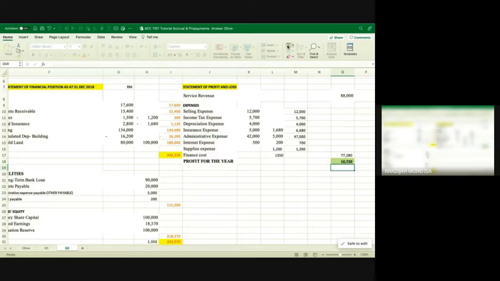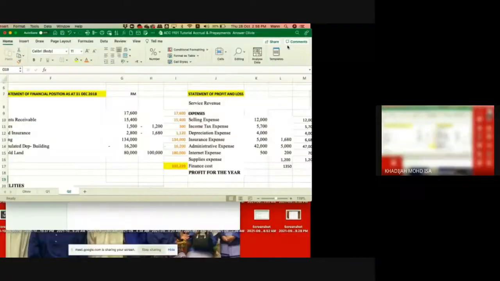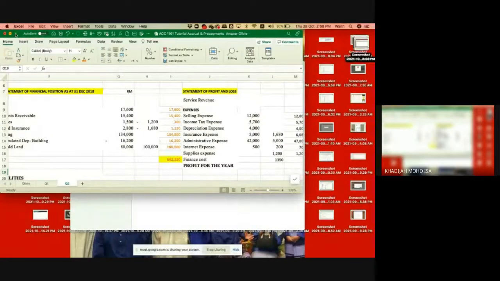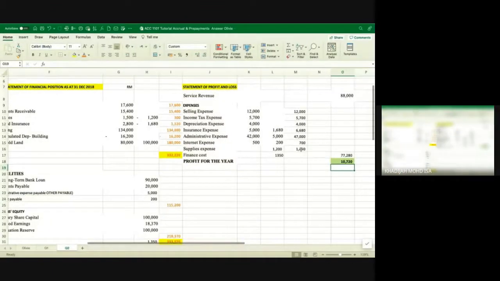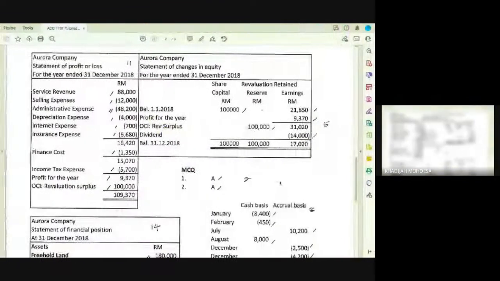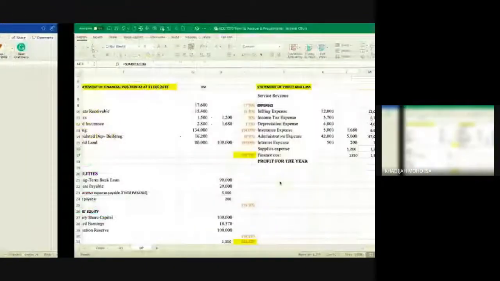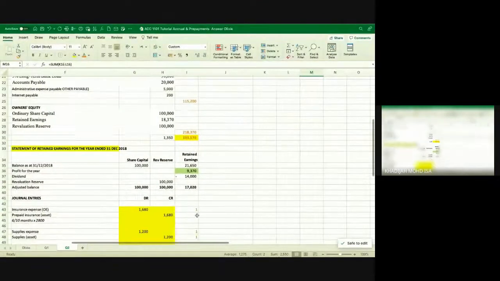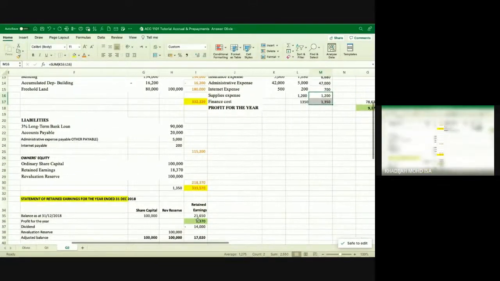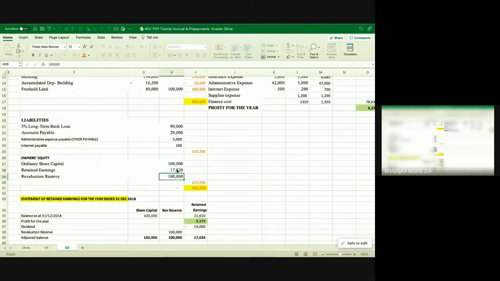Oh, I see. Hold on. I know. This one is not right. It should be like that, right? 9370. So this amount should be 9370. So 17,020. Okay, now we got the answer.